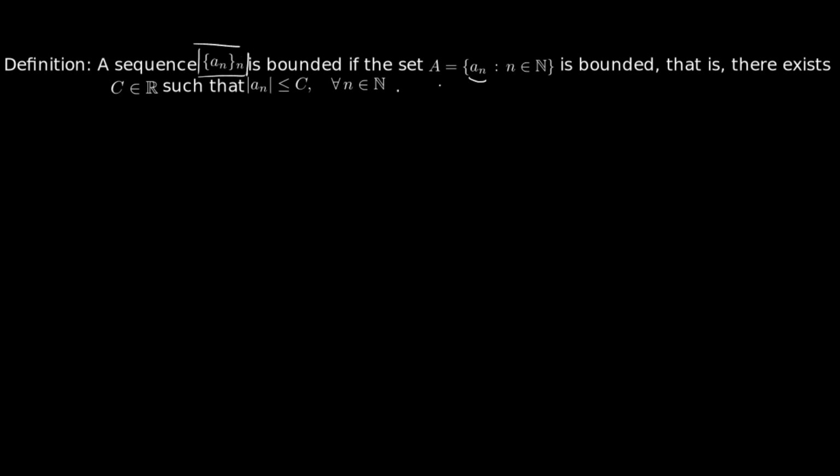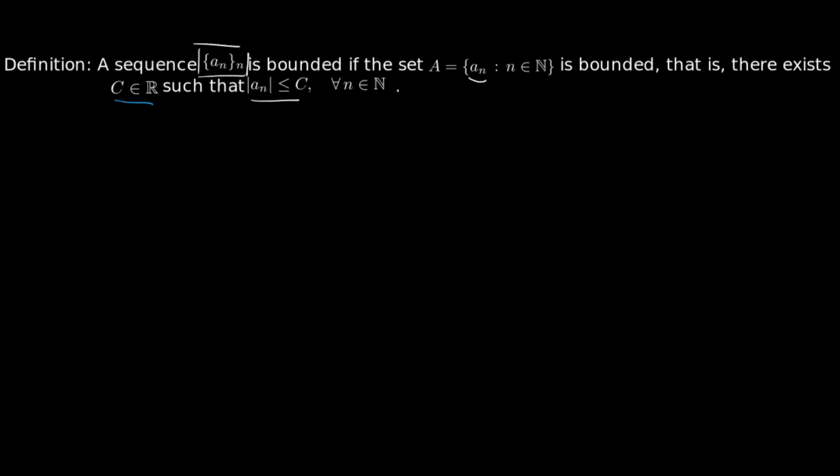And what this means is that there exists a real number c, such that the absolute value of a sub n is always smaller than c, so it can be negative or positive, but it's always between minus c and c. And this happens for every natural number n.